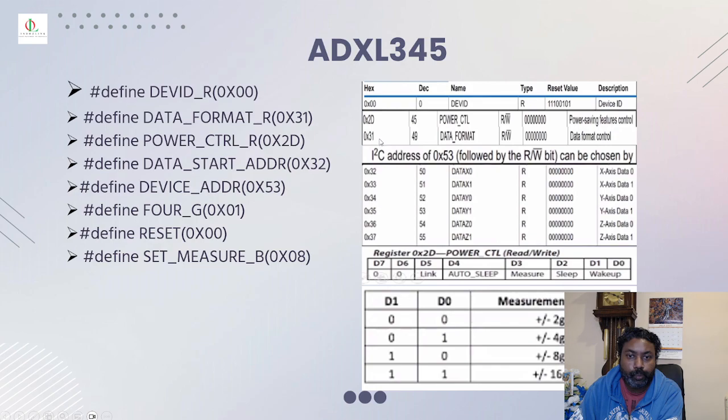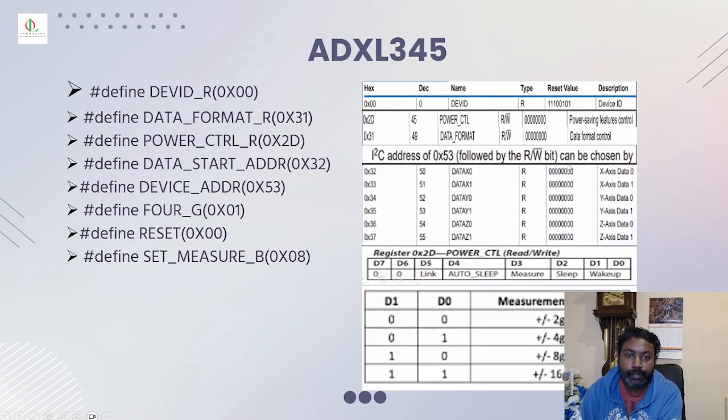I just copied the relevant information that we need from the data sheet, which I will show you in the program, ADXL345. You need to first control the power control for power savings and also the data format control. So you use 0x2D and 0x31, and first you need to read the device ID, which is hex 0x00.